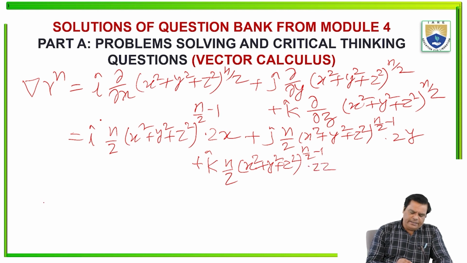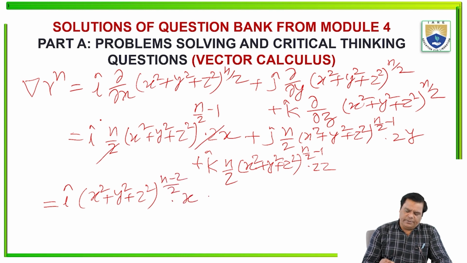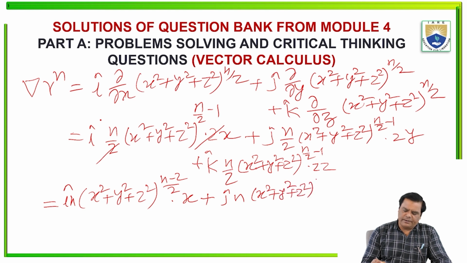Now this equals, here 2 is cancelled, and i cap (x square plus y square plus z square) to the power n minus 2 upon 2 into x, plus j cap n into (x square plus y square plus z square) whole to the power n minus 2 by 2 into 2y.